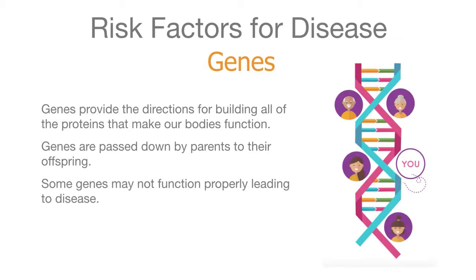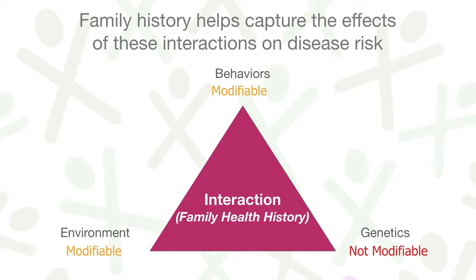And there are often actionable steps that you can take to lower your disease risk when you understand that you have that risk, and then you can start evaluating, especially with your physician, different behaviors you might be able to change, or environmental changes. And as I mentioned, family health history is really what captures the effects of these interactions on disease risk.